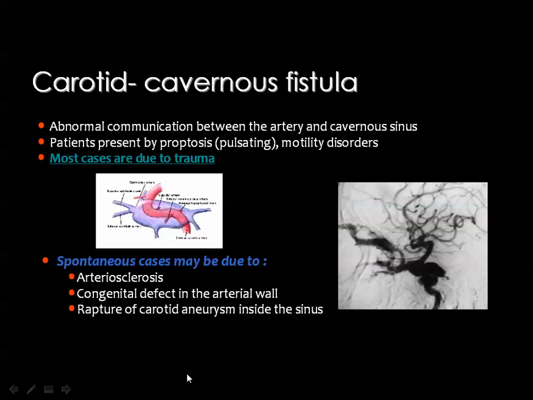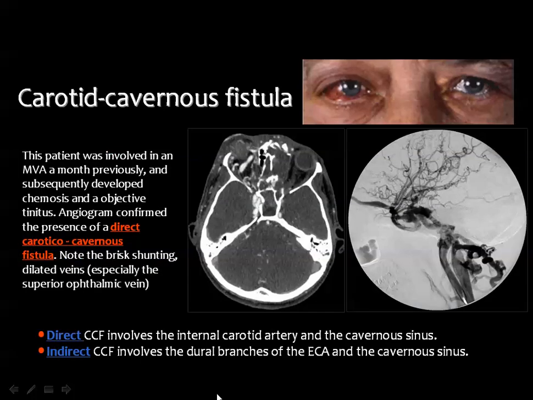One of the most important veins here is the superior ophthalmic vein, which will be enormously dilated and tortuous. If you see that the cavernous sinus is enlarged, homogeneously enhanced, and the superior ophthalmic vein is significantly dilated, you know that this is a carotid cavernous fistula.